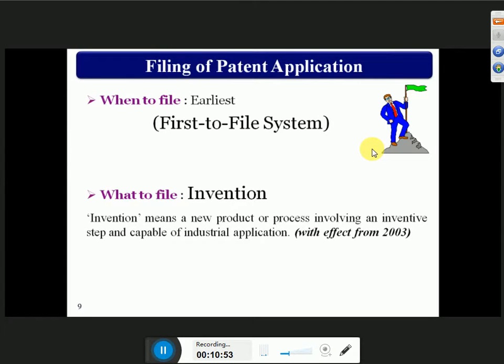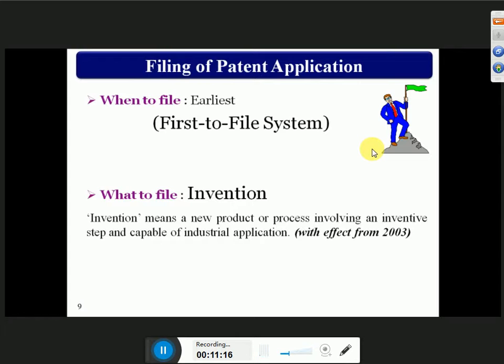Filing a patent application in India means what? The question arises of when to file. The Indian Patent Office says as early as possible, because the Indian Patent Office follows a first-to-file system. What does it mean?